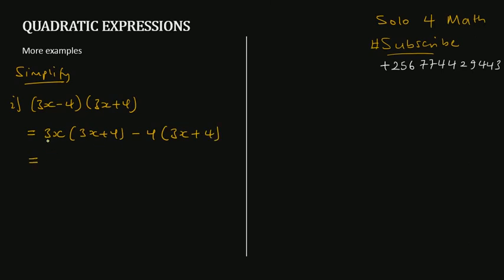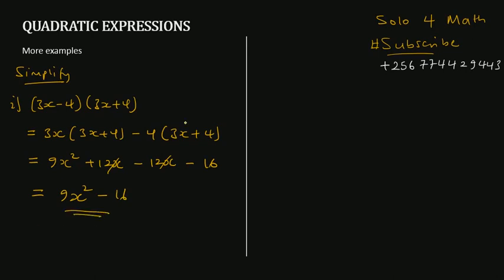Here it will be 3x times 3x, that is 9x squared, then 3x times 4 to be plus 12x, minus 4 times 3x, that is minus 12x, then negative 4 times 4, we get minus 16. So you can clearly see that these ones will cancel out, so we remain with 9x squared minus 16.